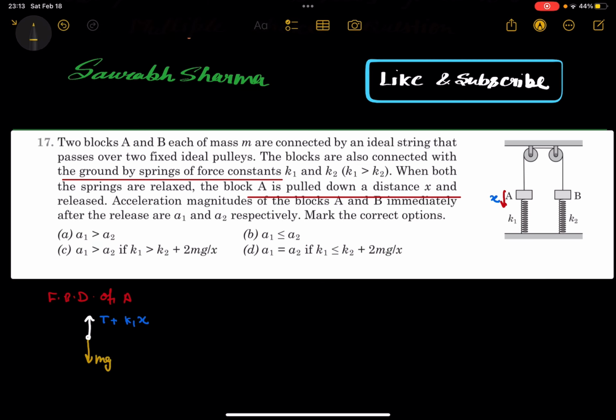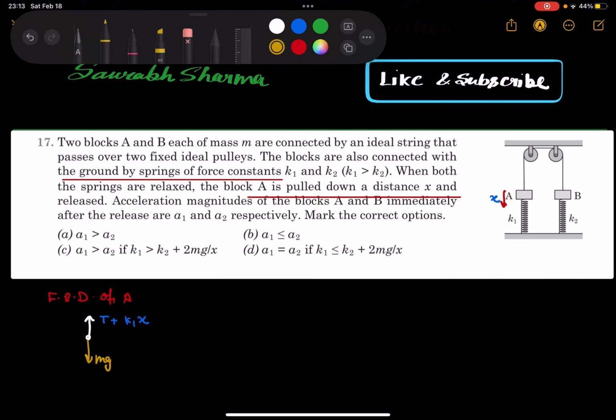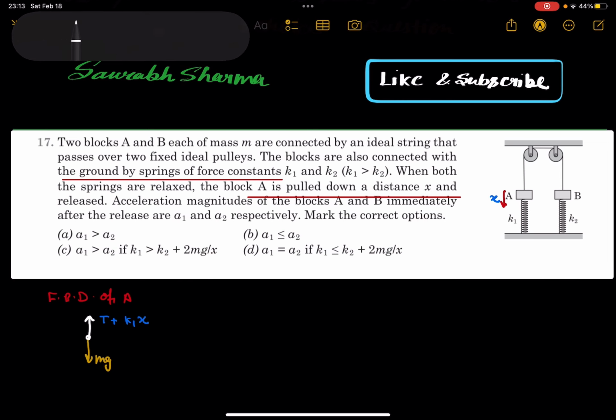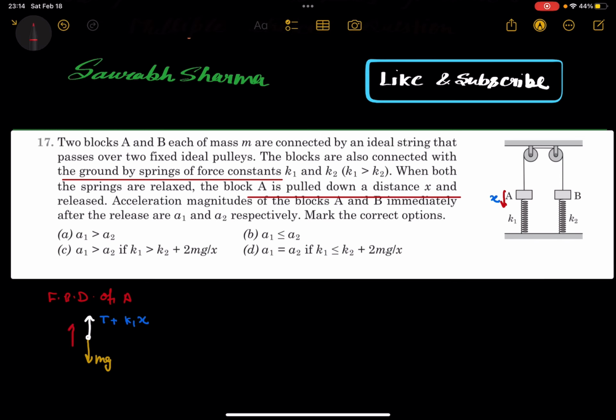Because of this it is moving upward with an acceleration a1. I am assuming it like this.